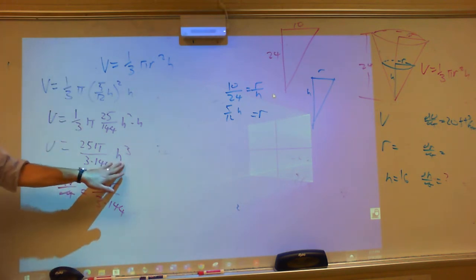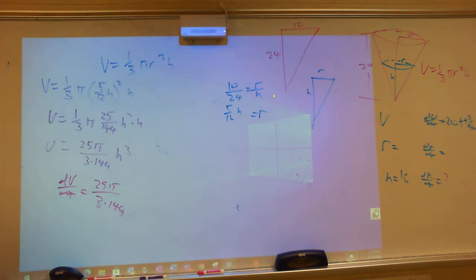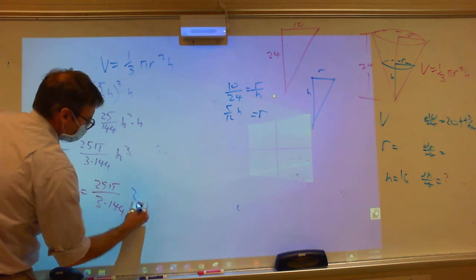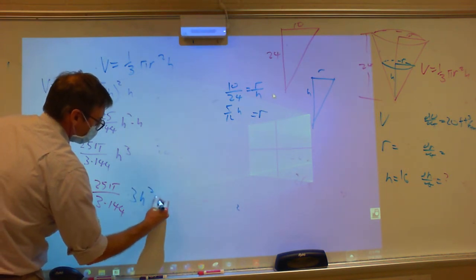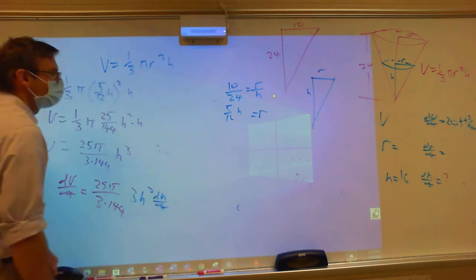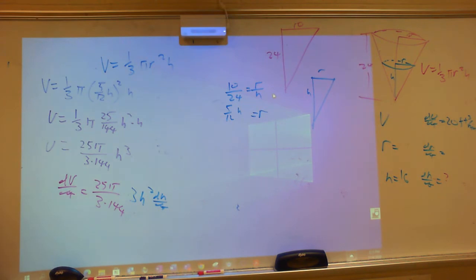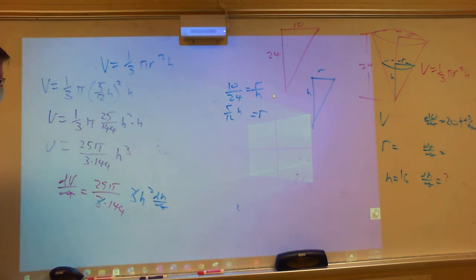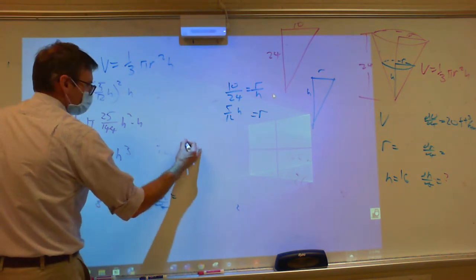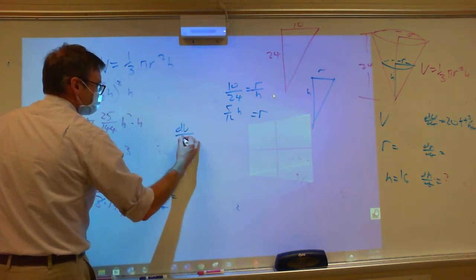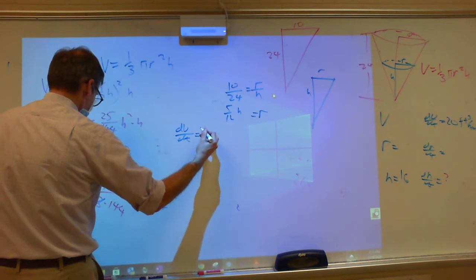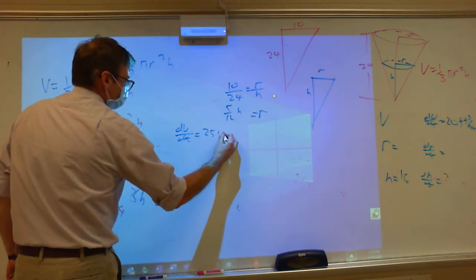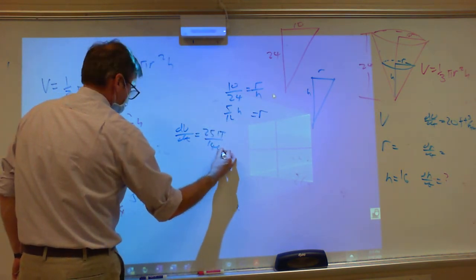And the derivative of h cubed is going to give me what? 3h squared dh/dt. Yeah, then the 3's cancel. Start over here, so I end up with dV/dt is equal to 25 pi over 144.